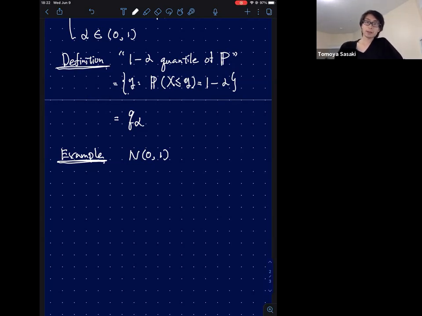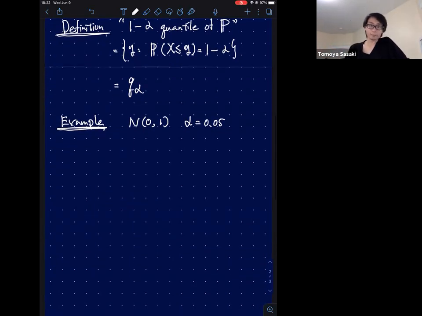The distribution we're talking about has mean 0 and variance 1. And let's say alpha is equal to 0.05. This is just a random setup that I'm using for the sake of explanation.